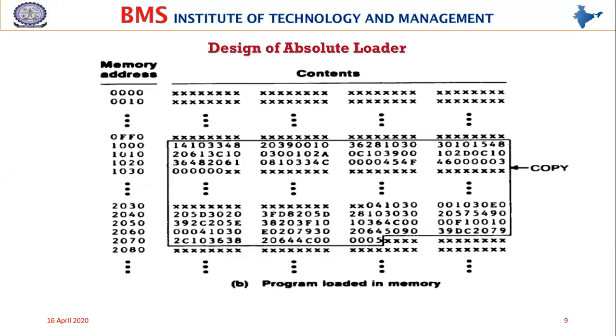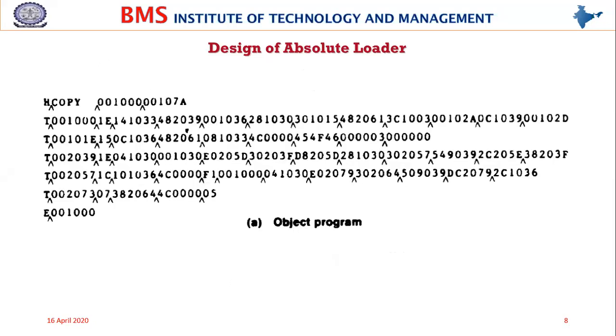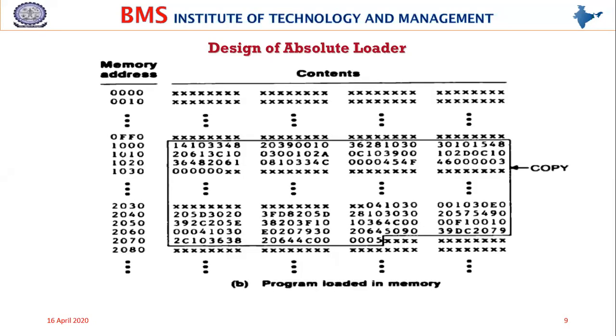See, we are starting with the address 1000. At 1000, we have the first text record being placed: 14103348. You can see the first text record in the second row. After 001000 and 1E, which is the start and the size, we have 14103348, placed at the address 1000.